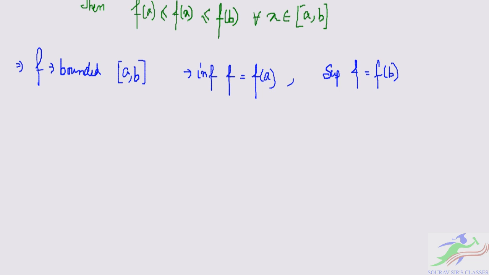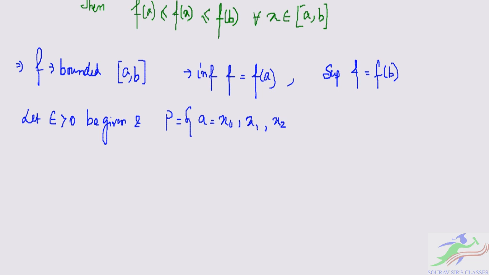Now let eta greater than 0 be given, and we write P equal to {a = x0, x1, x2, up to xn = b}.